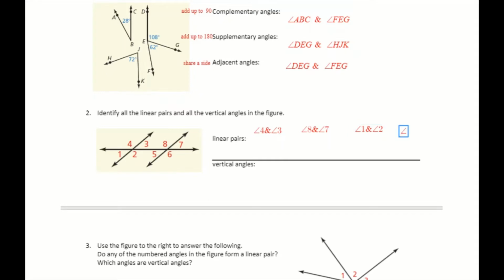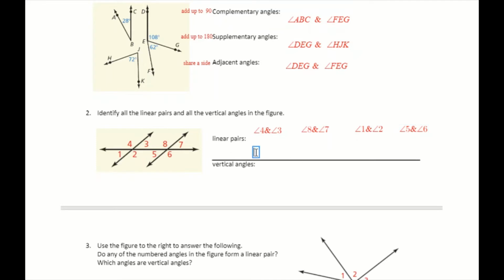Now again, those aren't the only ones. Those are just the ones that horizontal line is creating. We also have 4 more sets of linear pairs because we can group 1 and 4. These two angle measures should add up to 180. These two rays, these two sides, create a line, so we know they add up to 180.